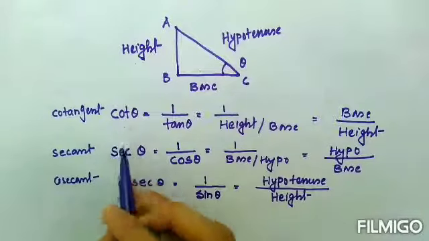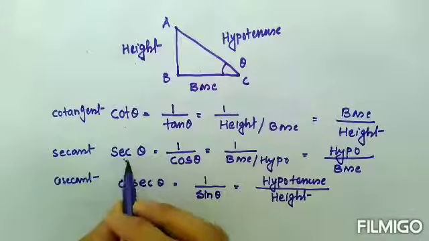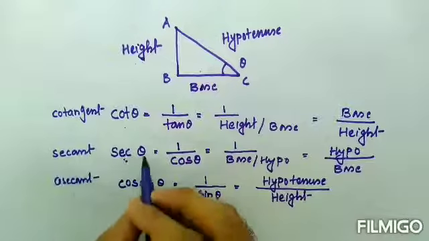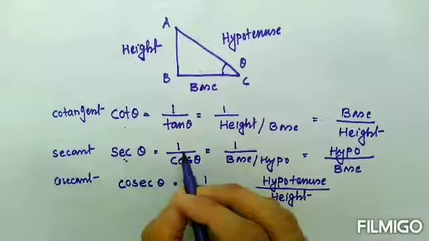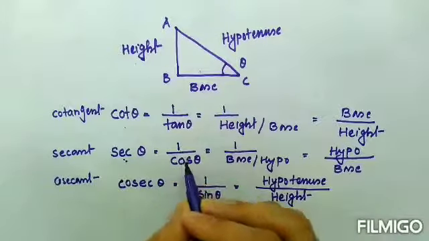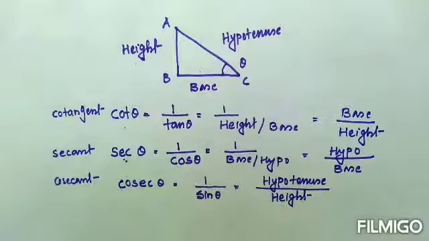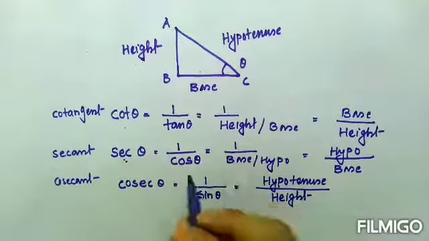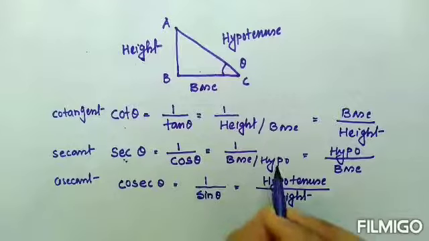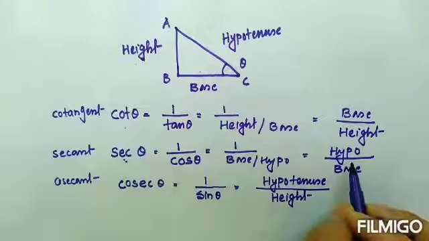So after cot, here we will see sec, whose full form is secant. Sec theta is the reciprocal of cos theta, that means 1 by cos theta. So as cos theta is base by hypotenuse, sec theta will be equal to hypotenuse by base.